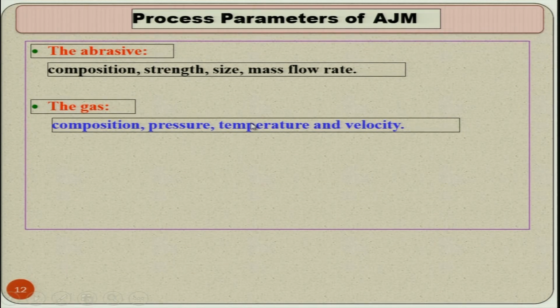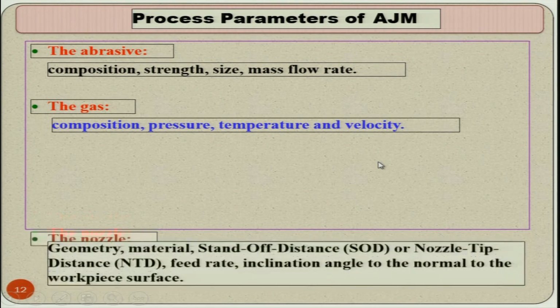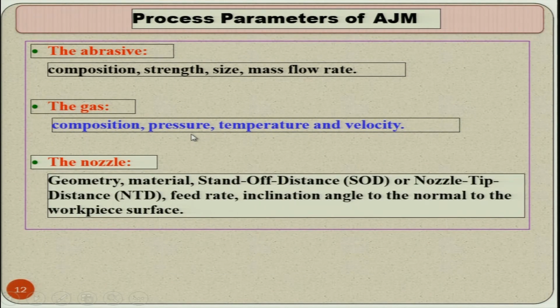And then the temperature of the gas also makes a difference, because if the gas or air temperature is high or low, then its own properties will change, and that will affect the air abrasive jet characteristics and the velocity with which the abrasive particle is going to hit the workpiece surface. That is also very important, and this velocity is a function of the pressure at which you are exiting the gas or the air out of the nozzle.